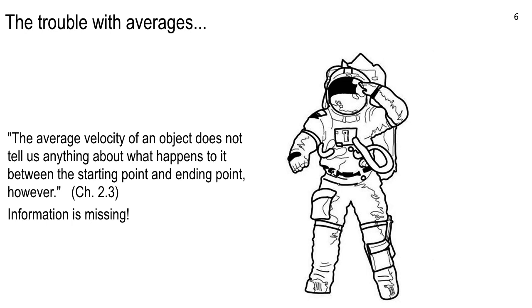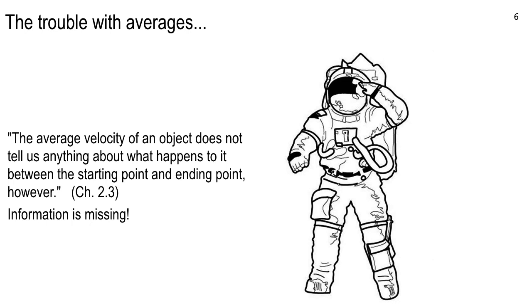A good example of how the average speed is deceptive is the story of the tortoise and the hare. The hare has a lower average speed, so he lost the race. But it doesn't tell you that while he was moving, he was really moving faster than the tortoise.